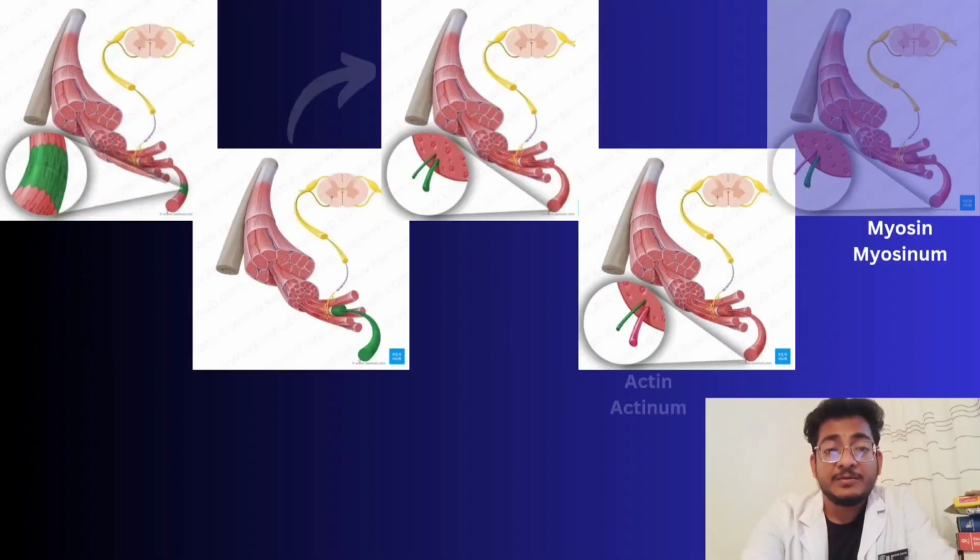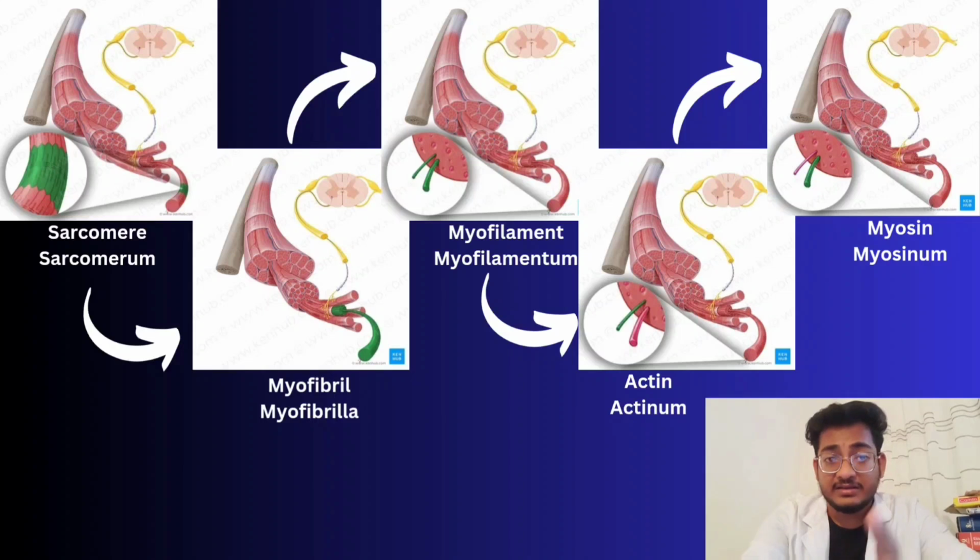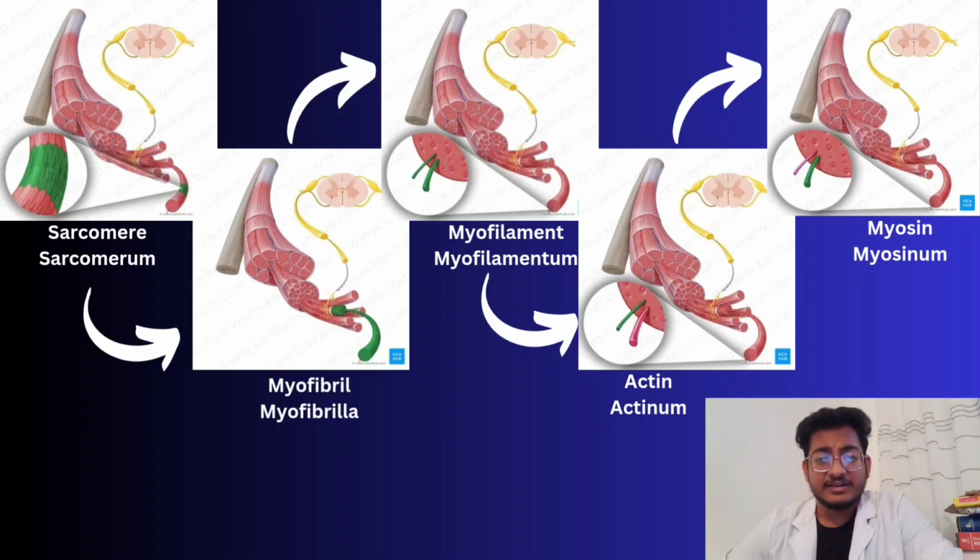Looking at the diagram of skeletal muscle, the first part we will study is the sarcomere. The cytoplasm of each skeletal muscle fiber, or myocyte, is referred to as the sarcoplasm. Sarco is commonly used to denote muscle-related terms, from the Greek word sarx, meaning flesh. It is largely occupied by subunits known as myofibrils, which extend the length of the cell.